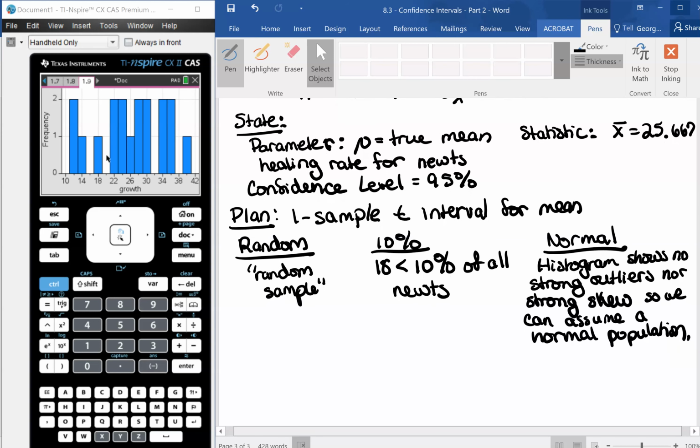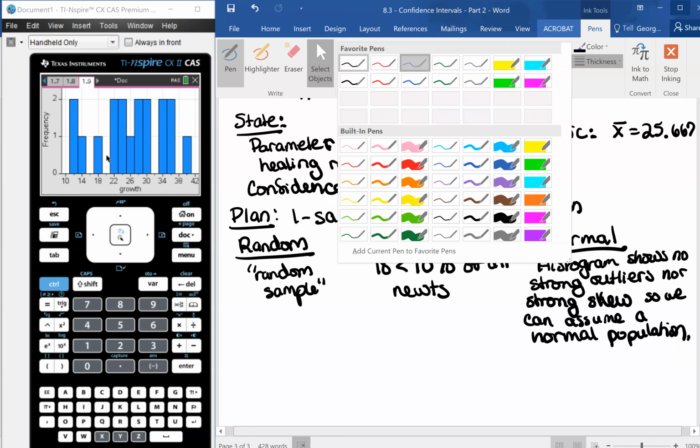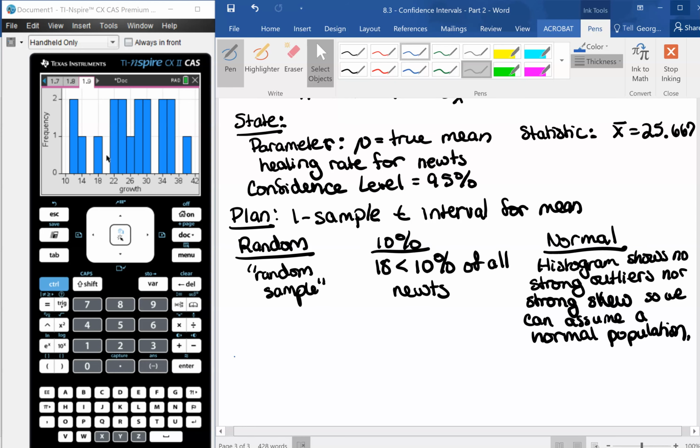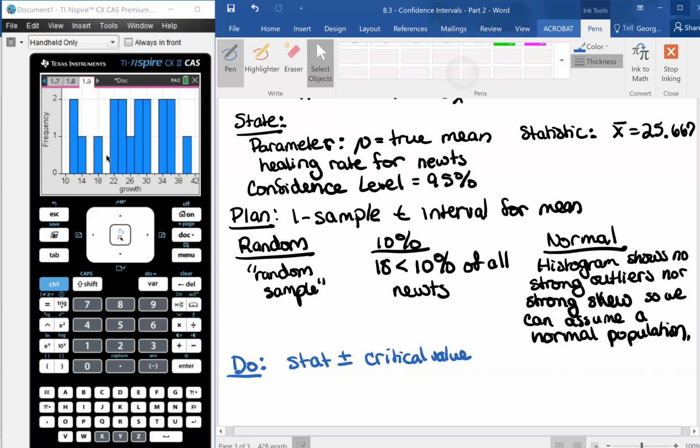Alright, so we've got state covered, we've got plan covered. Now we got to do the thing. Alright, so it's stat, plus or minus, critical value, times our standard error.